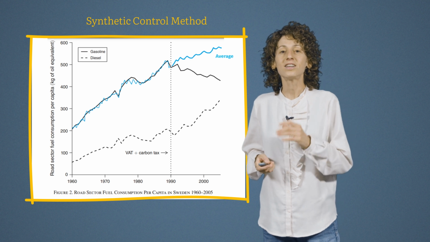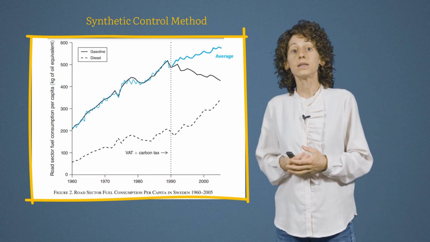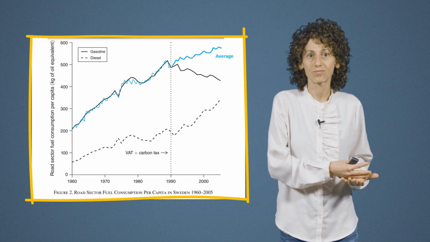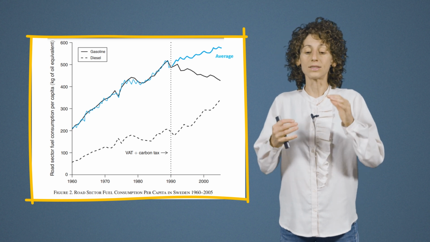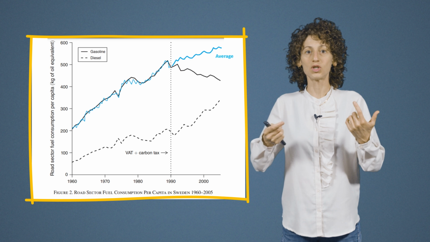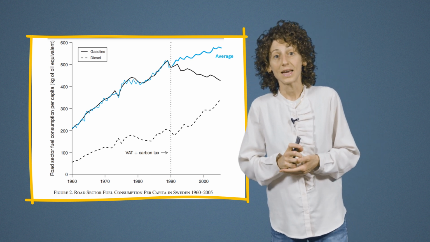This synthetic Sweden serves as a counterfactual, representing what might have happened without the tax. Once it is created, it is compared to actual Sweden. The difference between the two reflects the causal effects of the carbon tax.